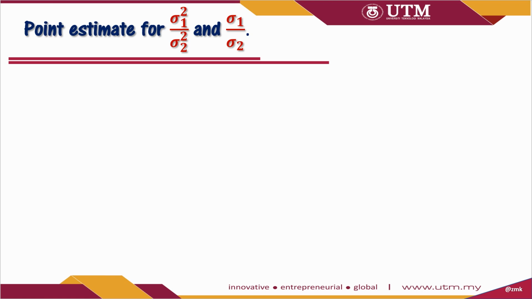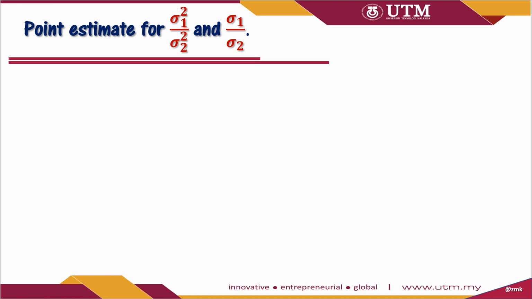That is, the first sample variance, S1 squared, can be used as a point estimate for sigma 1 squared, while the second sample variance, S2 squared, can be used as a point estimate for the second unknown population variance, which is sigma 2 squared.